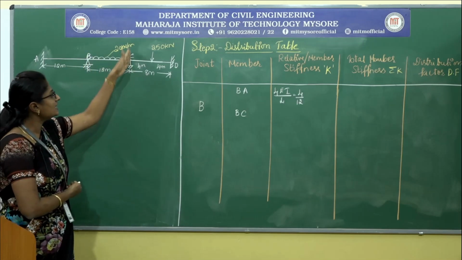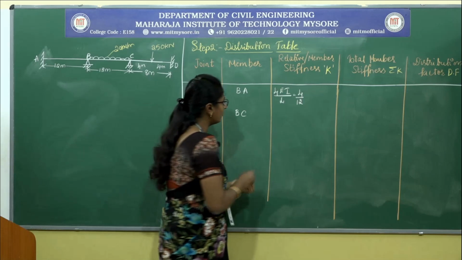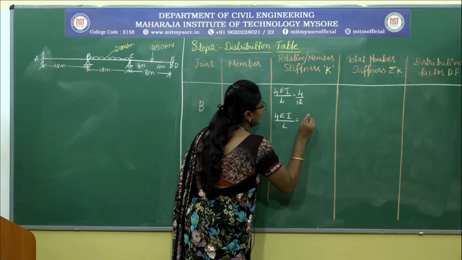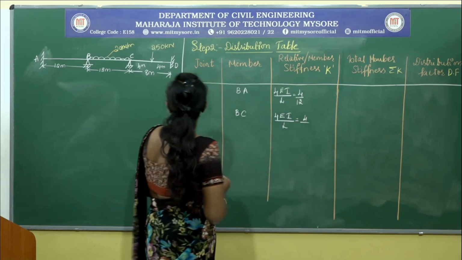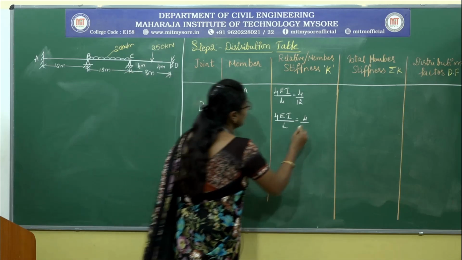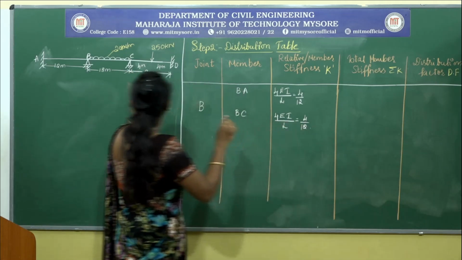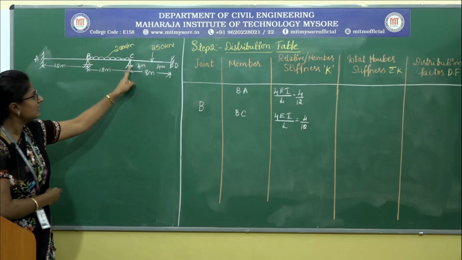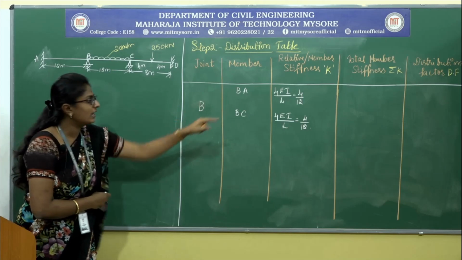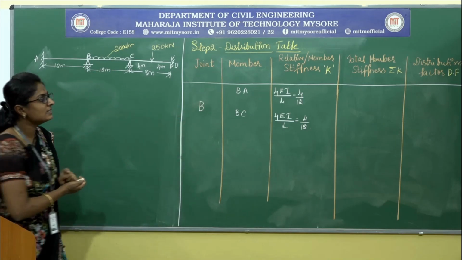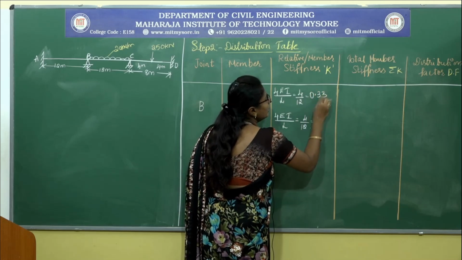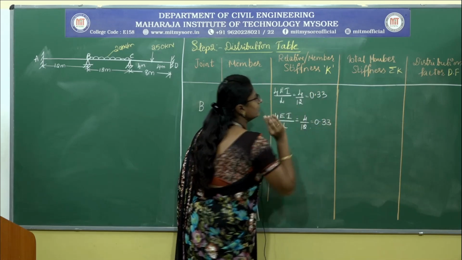Since the far end is fixed, we have to take the stiffness as 4EI by L. What is the length L for BC? It is again 12 meters. So it is 4 divided by 12, which is equal to 0.33 and 0.33.